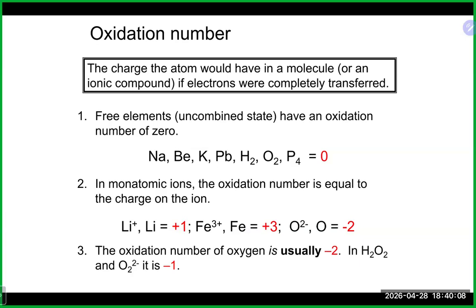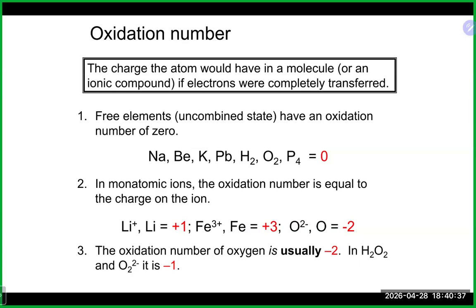So oxidation state is not exactly the same thing as the ionic charges we associate with elements. First rule: any element that's by itself, naturally the way it comes, will have an oxidation state of 0. Any ion that is monoatomic, the oxidation state will equal the charge on it. So earlier we had like an iron 3 and an iron 2. Those would be the oxidation states in those situations.